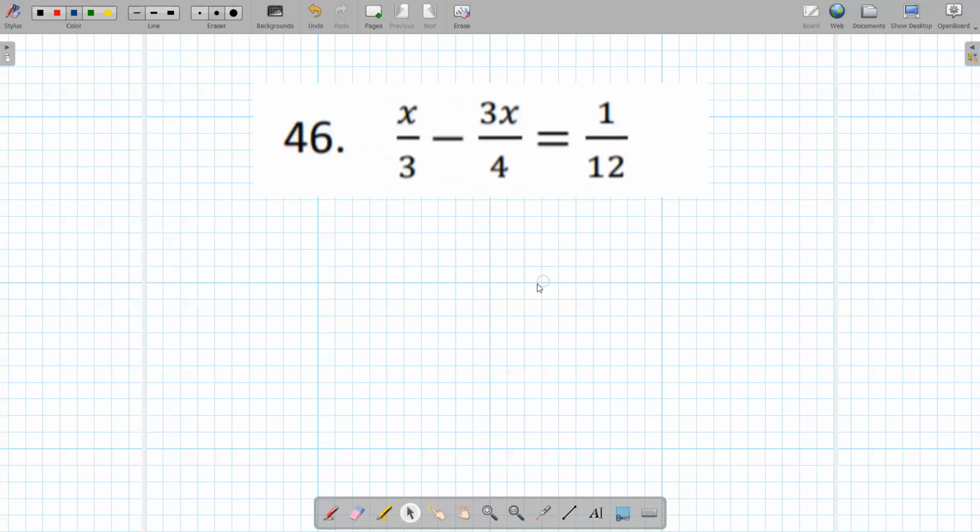What about this? Could you get rid of the 4?